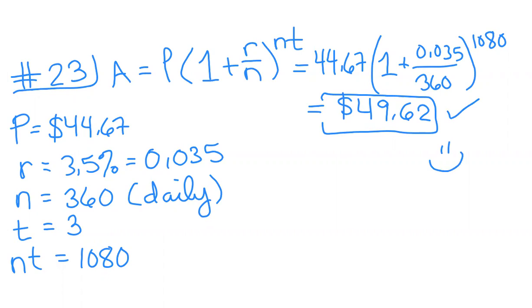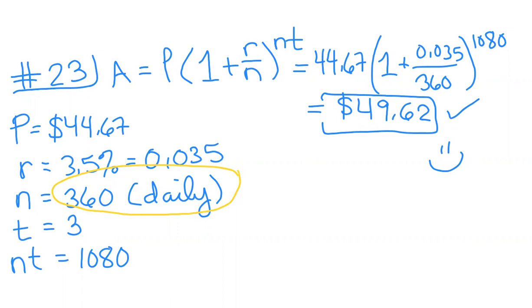A lot of work for $5, right? Not a lot. That's what real savings accounts look like, though. So again, just note to self, it's this 360 days per year that makes most people wrong in these chapters.